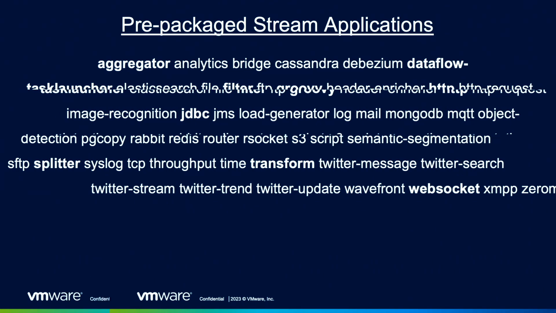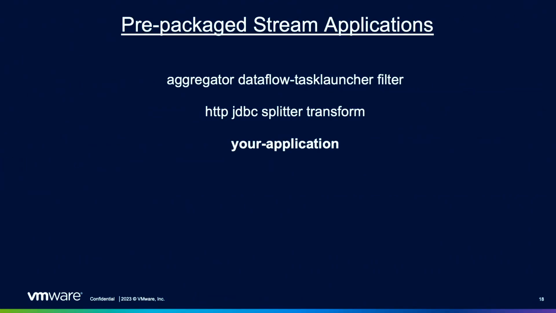Now, let's look at some of these applications that are interesting. I mentioned the aggregator. That's functionality that you might need, but why would you go and build it if you can configure something and it does the aggregation for you? We have a Data Flow task launcher. That means that the end of a stream can result in the launch of a task.